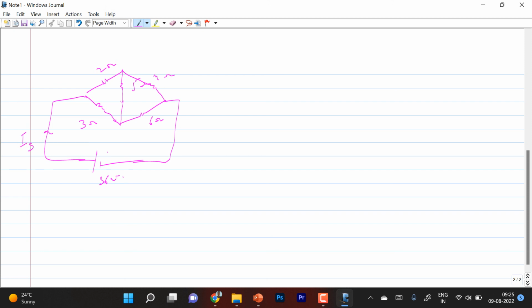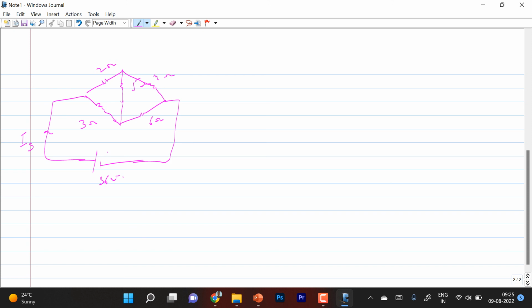So this was given to you, right? 2 ohms is given, 5 ohms is given, then 3 ohms, 4 ohms and 6 ohms, right? And you are connected here to 36 volt. You are required to find IS, right? This is what you have been asked to do.